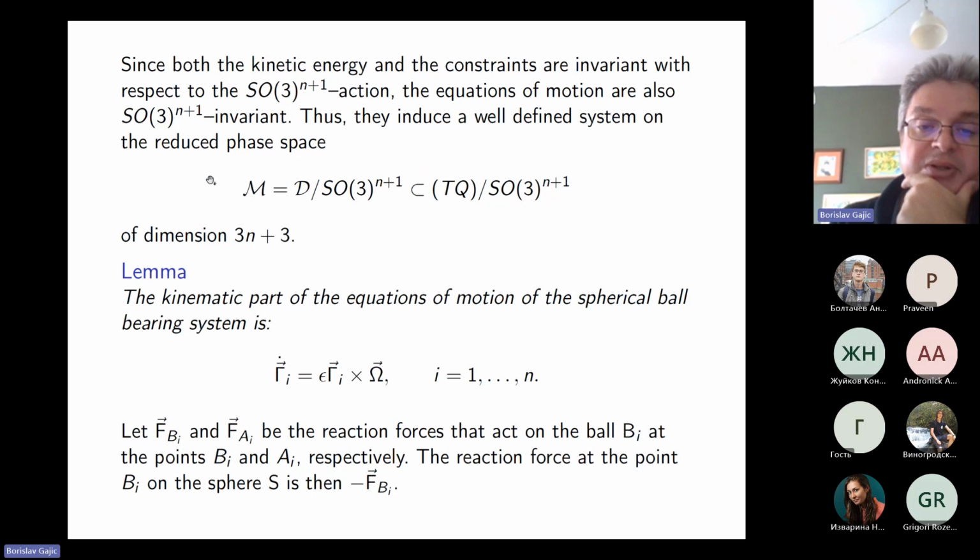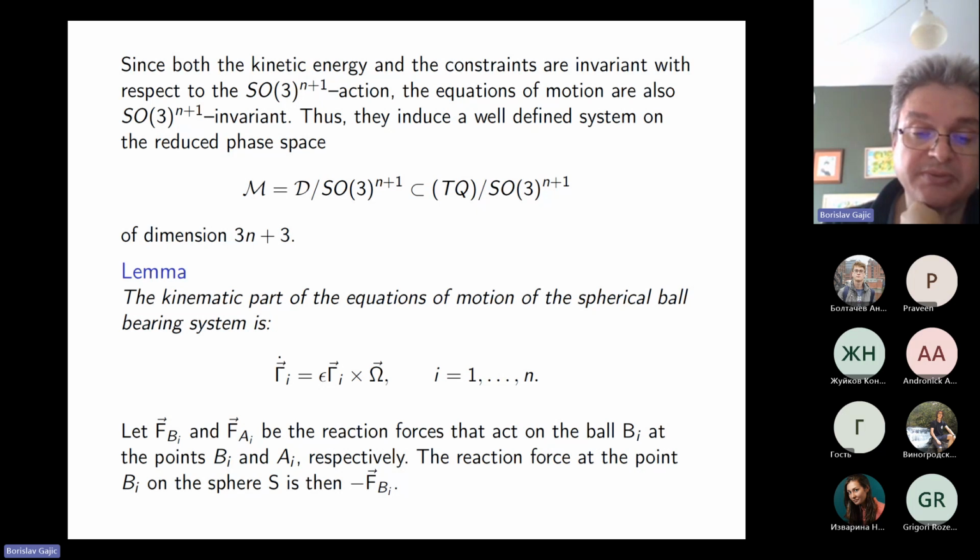Our system is reduced to this M. So this is the reduced space of our system, because both the Lagrangian, or kinetic energy, and the distribution are invariant. And we can consider this motion on this reduced manifold of dimension 3m plus 3. So this is the first observation.